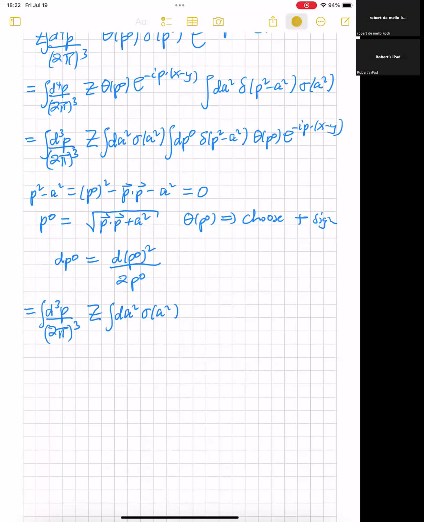Then from the integral over p naught, we've got 1 over 2 times the square root of p dot p plus A squared. So that's coming from the measure. That's this contribution that I just outlined in the box. Then the theta of p naught is gone, and we've got the exponential. So what's the exponential? Let's just write it out in detail.